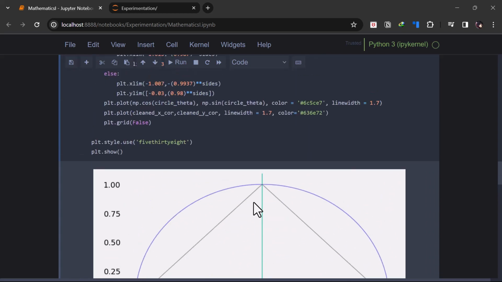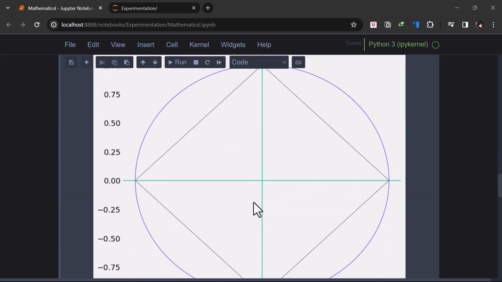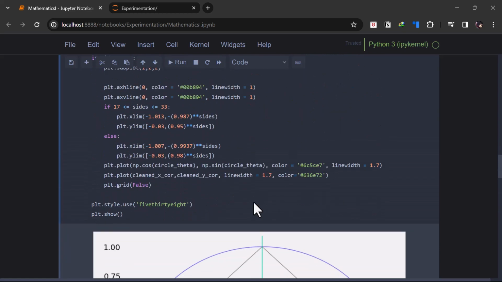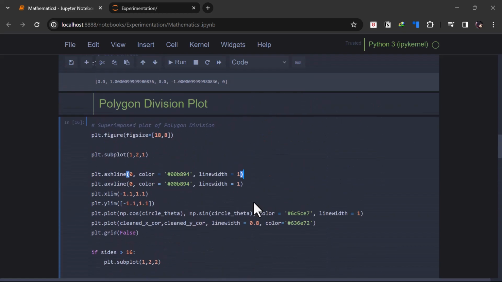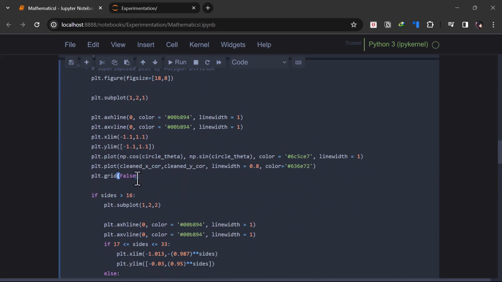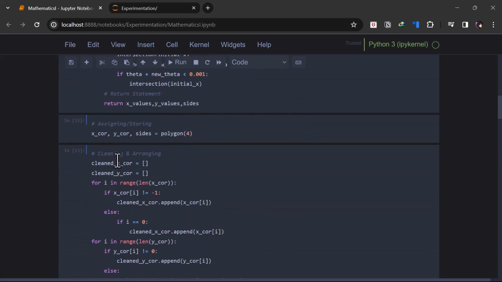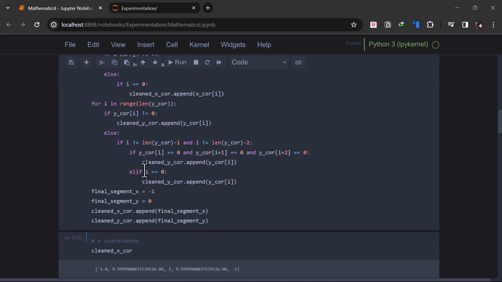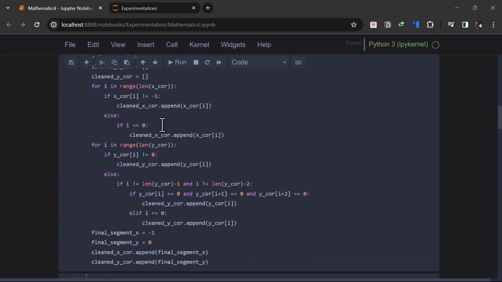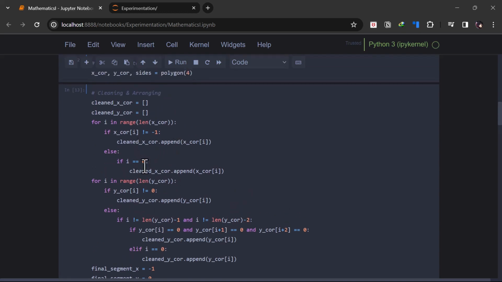Here I'm adding the cleaned x coordinate, the list that I have made after cleaning all of the values and appending all of the values. Cleaned x coordinate append, cleaned y coordinate append.